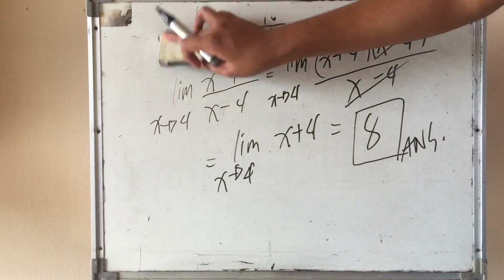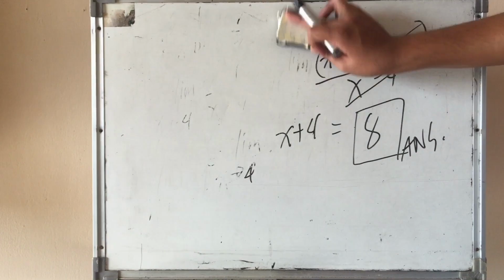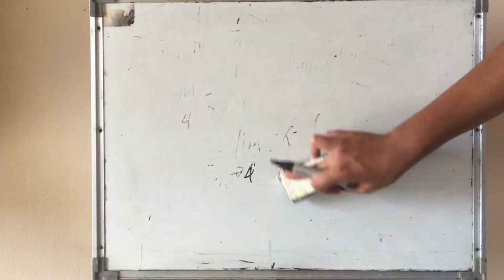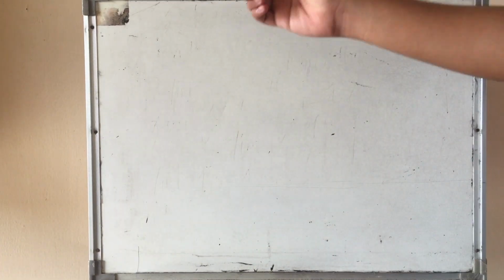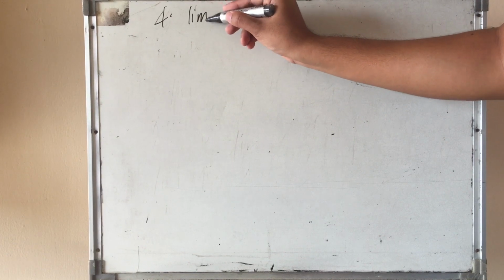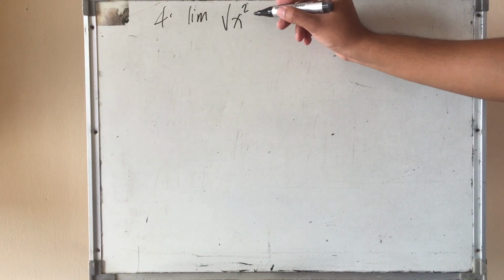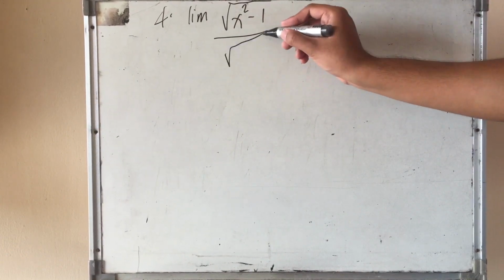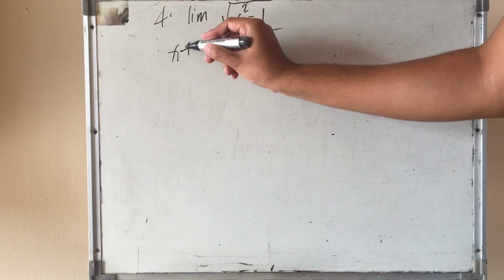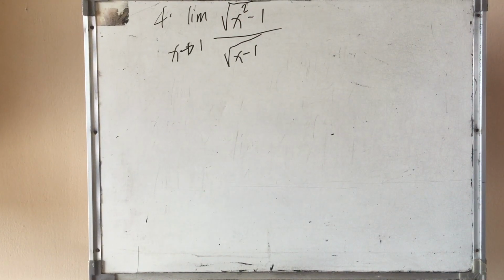Example number 4. Evaluate the limit of the square root of x squared minus 1 over the square root of x minus 1 as x approaches 1.